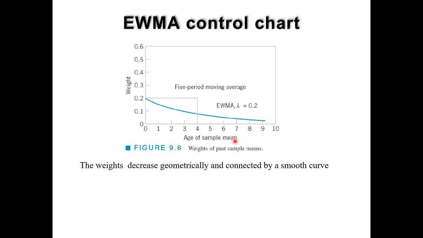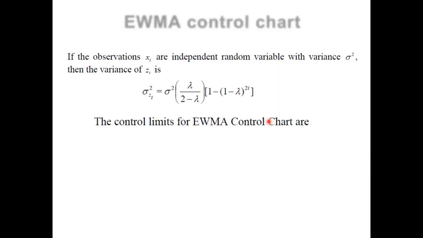As the sample mean ages, the value of weight will be decreasing. So the weight decreases geometrically and is connected by a smooth curve as shown by this diagram. This diagram is simply to show you that as time goes by, the weight value will be reducing until it is close to 0.